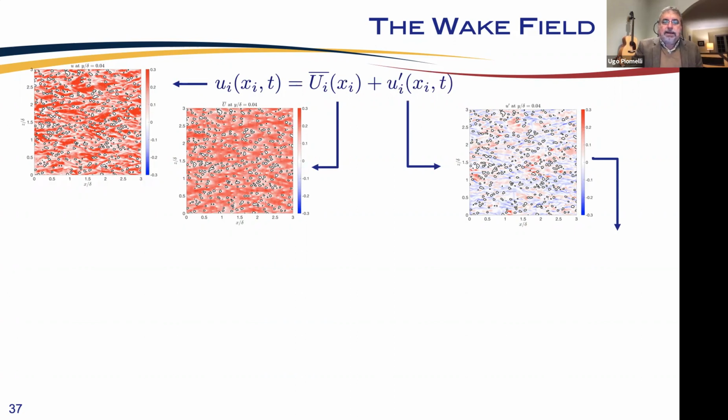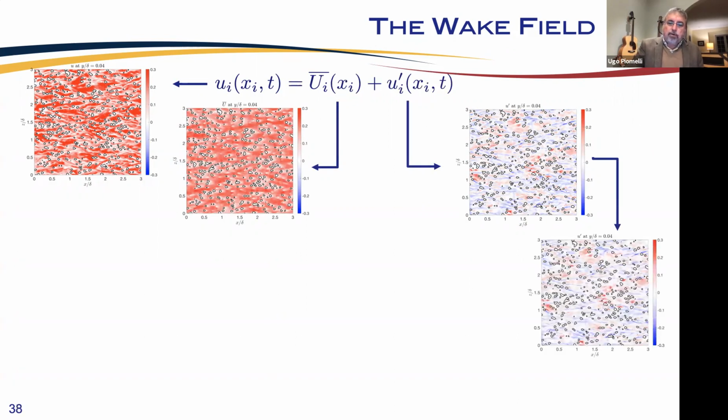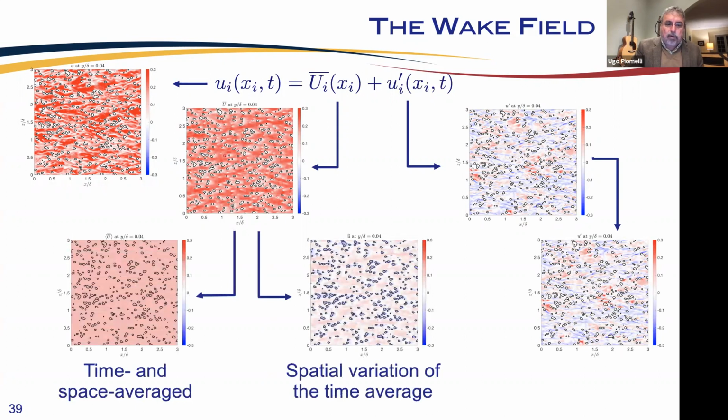Now, in a smooth channel, this time average component is only a function of y, whereas in a rough channel, it's not. So we can further decompose it into two parts. One is the time and space averaged velocity, and the other one is the spatial variation of the time average.